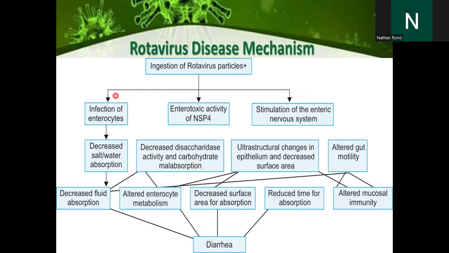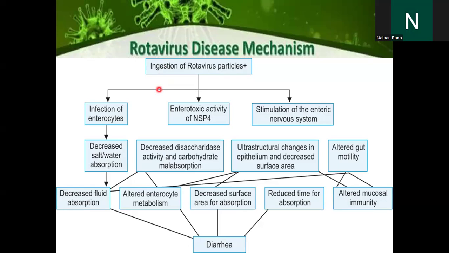Then infection of enterocytes. Number 1 is there'll be decreased salt and water absorption. One thing I want to tell you guys is that rotavirus affects the GI by decreasing the brush border enzymes. So what are brush border enzymes? They are enzymes that you've heard of: sucrase, maltase, lactase.